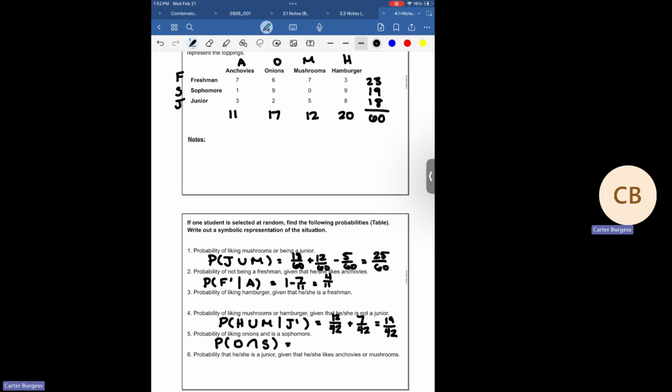That would be fine. If I wanted to compute this mathematically, what is my probability of getting onions? 17 out of 60. What's my probability of seeing a sophomore given that they like onions? 9 out of the 17. And so I get 9 out of 60 total for that probability, which also, go figure, is that 9 that we see right there. Cool.